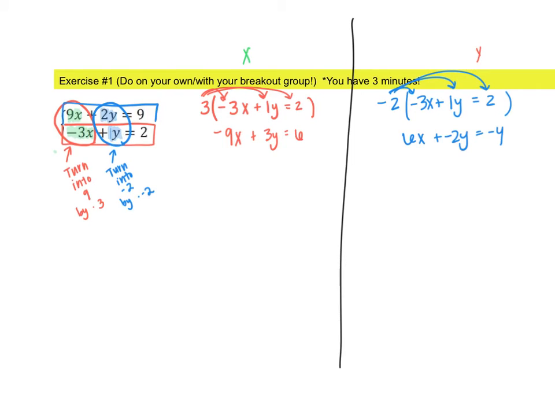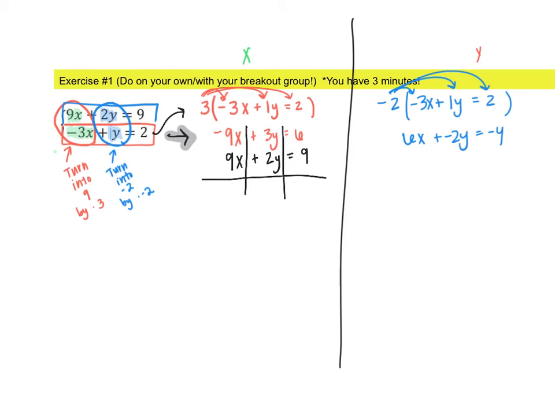So for this one right here, if you decided to eliminate your x's, you're going to be stacking this new equation because you changed this red equation, right? You're going to be stacking it with that one that was on top. So this is 9x plus 2y equals 9. And I want you to add these up and eliminate a variable.